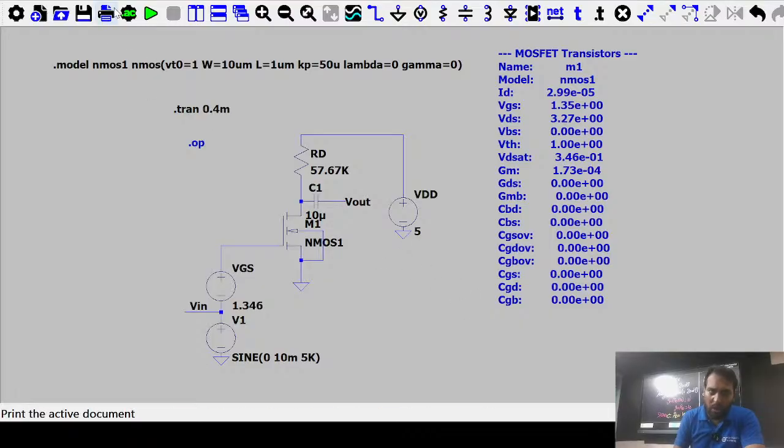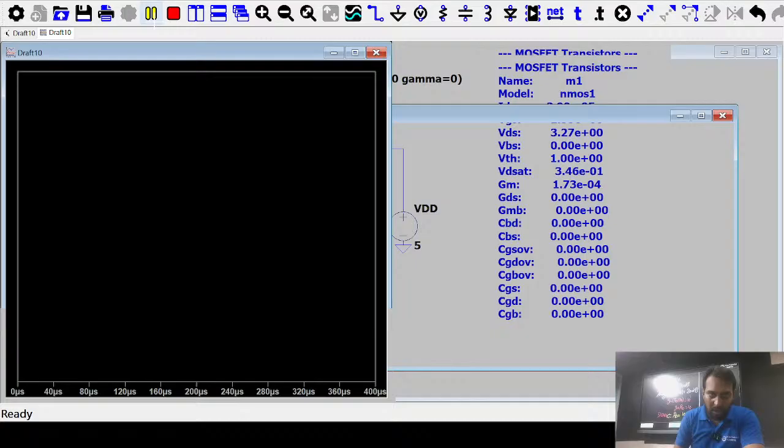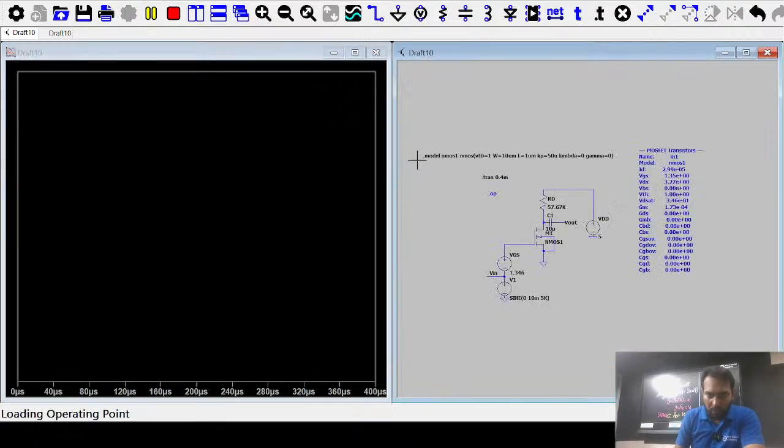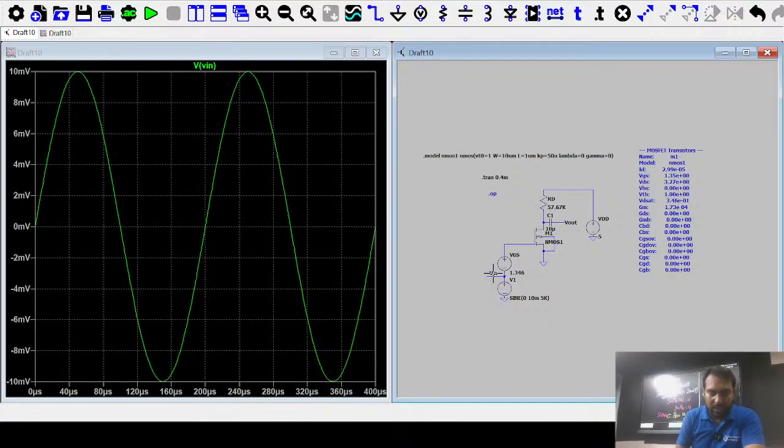So you have only 2 cycles of that sinusoidal input, 1 period and a second period. So this is 0.4 millisecond or 400 microsecond.